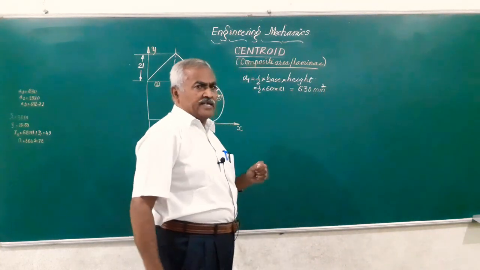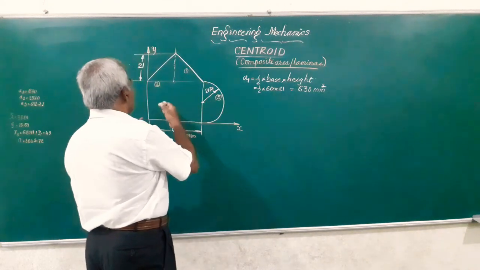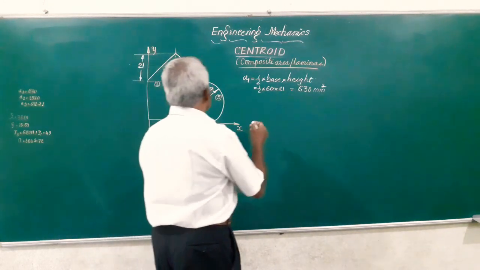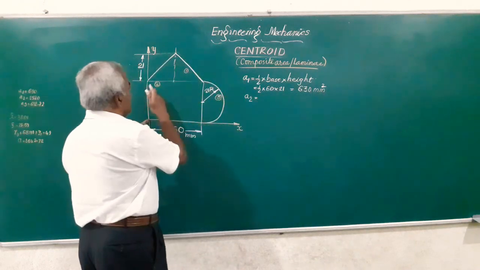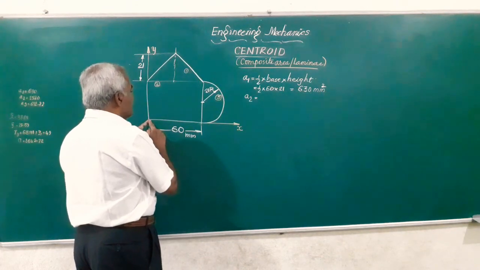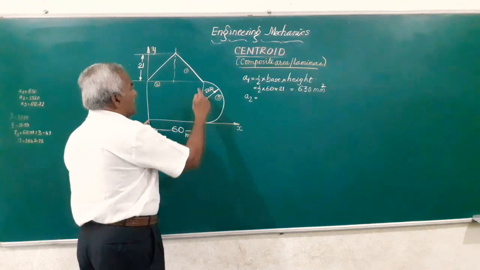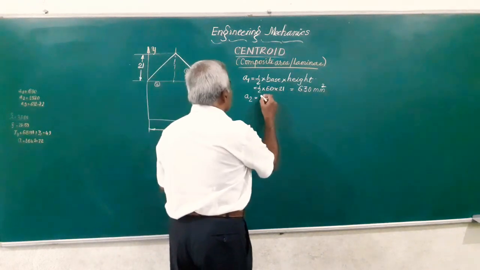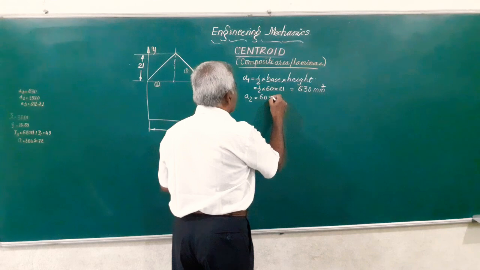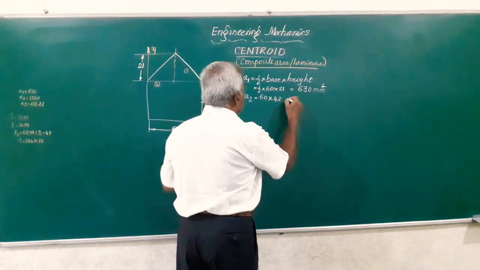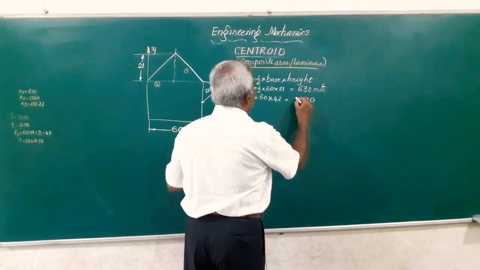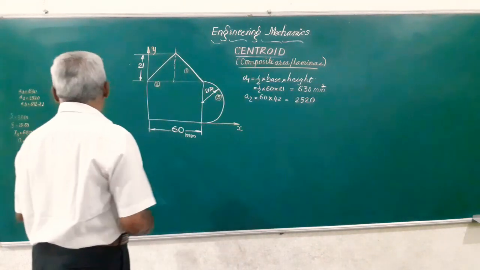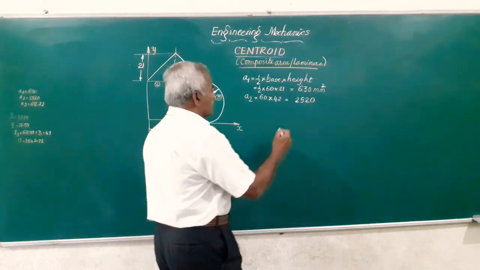Likewise friends, let us find out the area of rectangle 2, that is A2. It has dimension 60 mm and this height is 42, that is 60 into 42, and this works out to 2520 millimeter square.